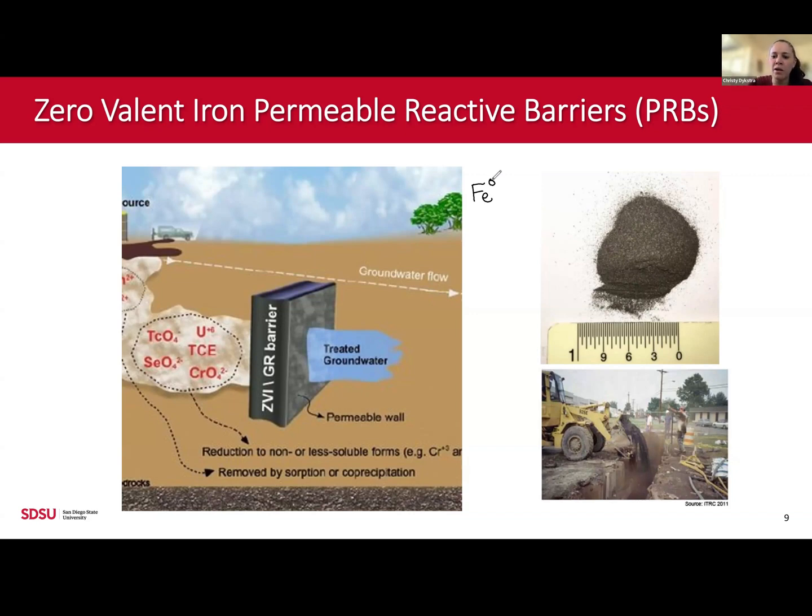This happens where our Fe0 turns into Fe2+ and 2 electrons. So this is our oxidation half reaction for zero valent iron.